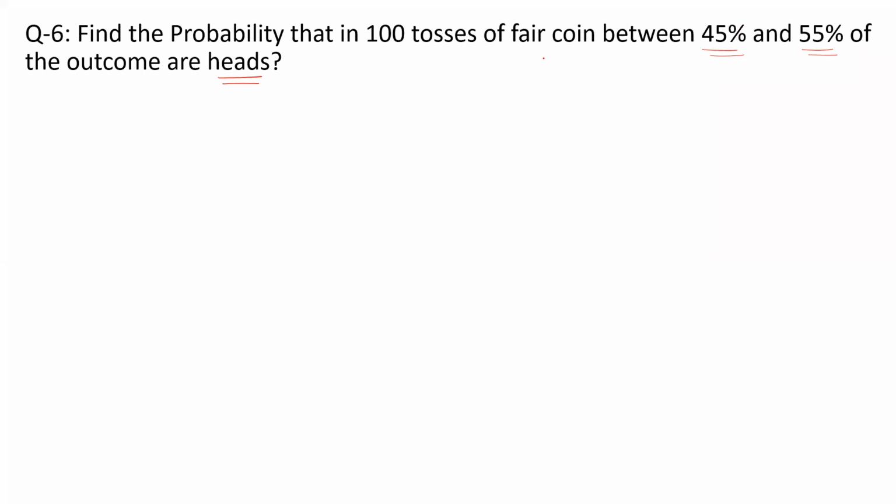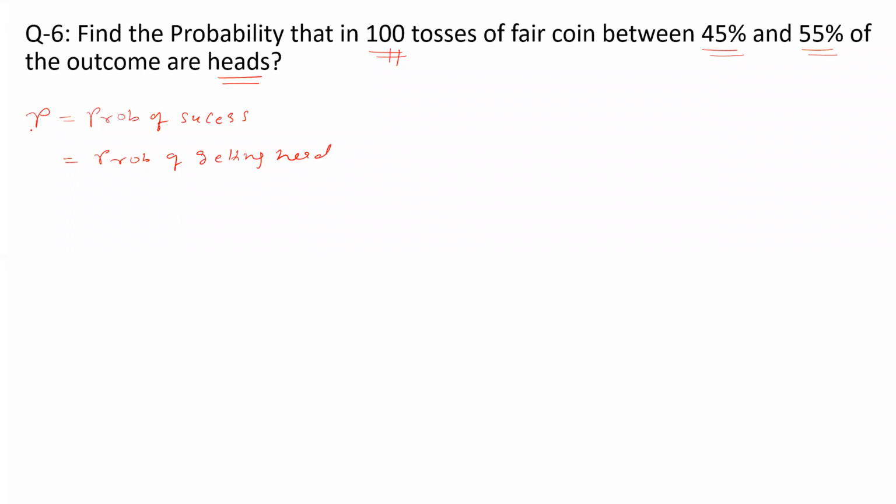So to answer this question, first I need the value of small p, which represents the probability of success. Probability of success here means the probability of getting a head is the success for us. So what is the probability of getting a head in one toss? Anyway, the sample size they have given is 100 tosses.